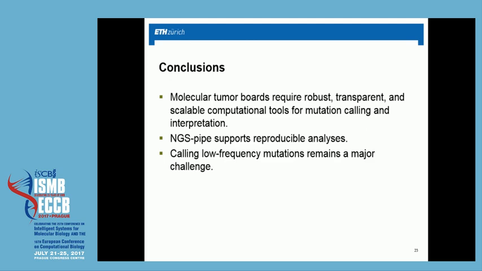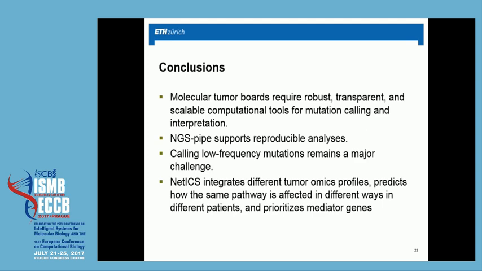Nevertheless, calling low-frequency mutations remains a major challenge, and NATIX integrates different tumor omics profiles, predicts how the same pathway is affected in different ways in different patients, and it can be used to prioritize these mediator genes.